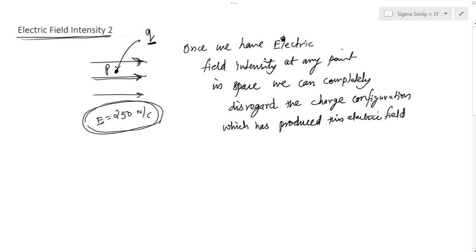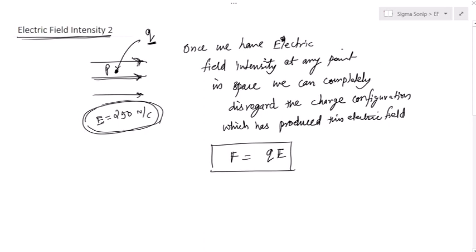Some charge configuration here, a positive charge plate or something, created this electric field, which means that any new charge you place here would experience some force. So if this is my electric field intensity and I place a charge of Q here, this Q will experience some force, and that force is given by Q times E. Very important formula.